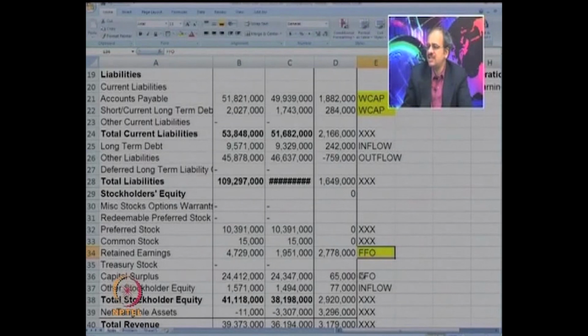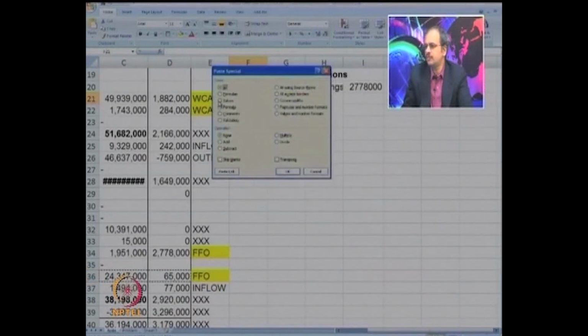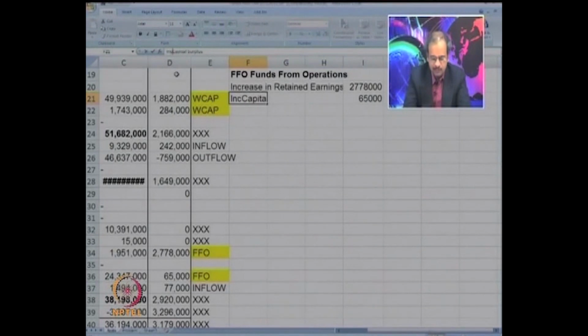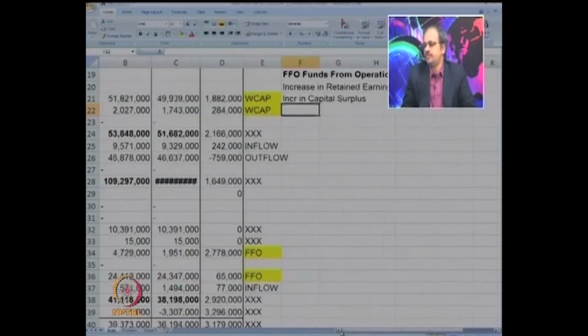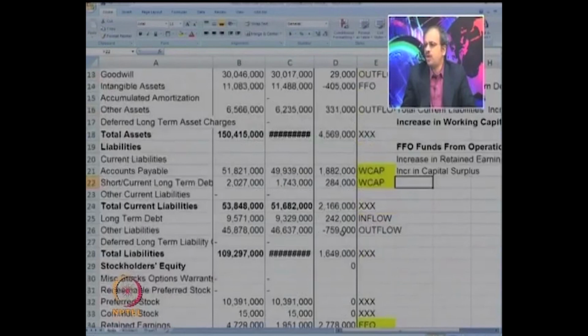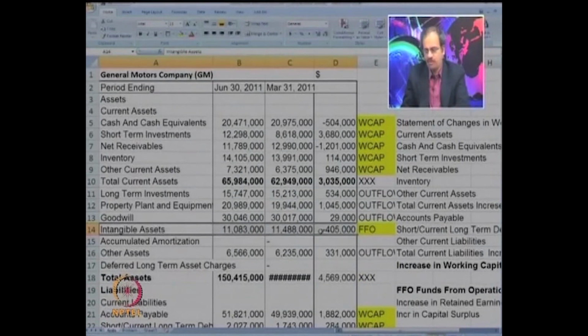Then there is an increase in the capital surpluses. Let us take that as well. So these two items of FFO are over. Then we have one more item on intangible assets which have been written off.